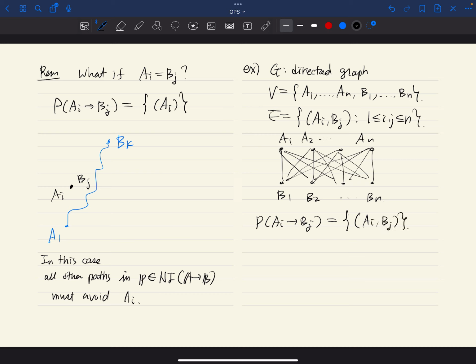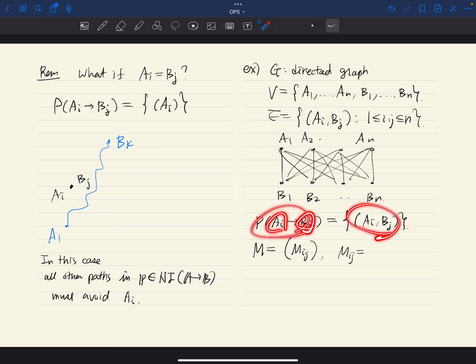So in our matrix M, the generating function for Mij is the generating function for all paths from AI to BJ with edge weights. But there's only one path with only one edge, so this is just the weight of the edge AI BJ.